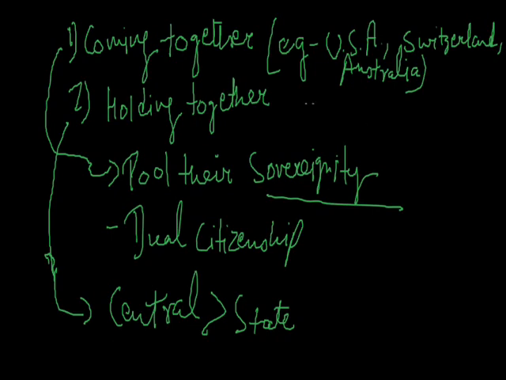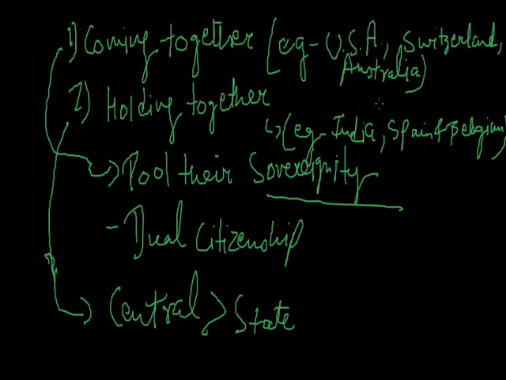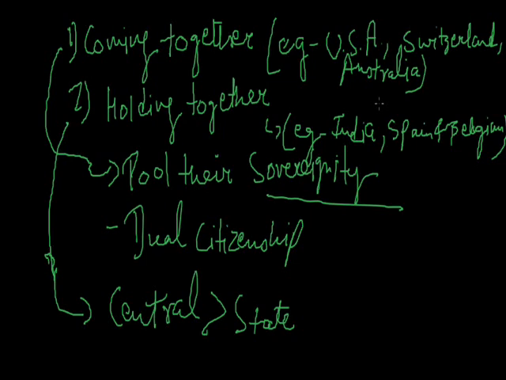Examples: India. India is an example of holding together type of federalism. Spain and Belgium. So, the pure form of federalism is coming together federalism, and another type of federalism is holding together federalism.